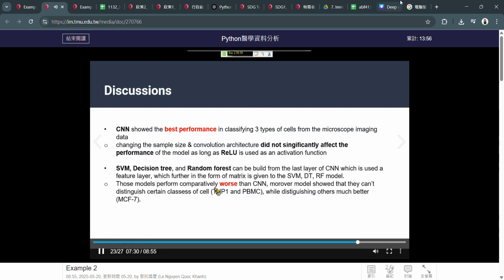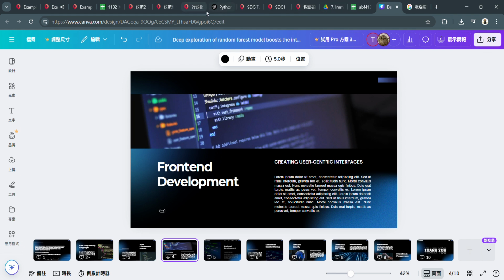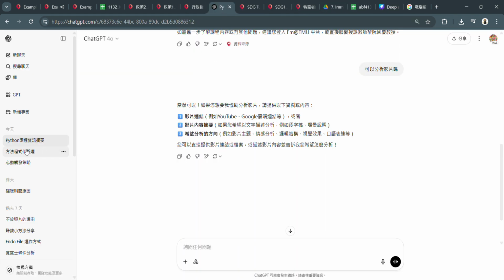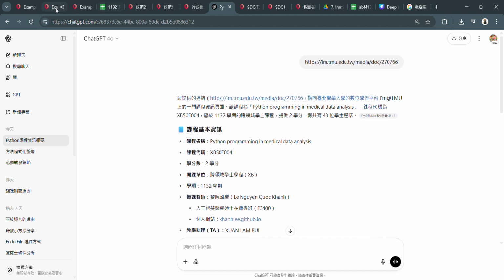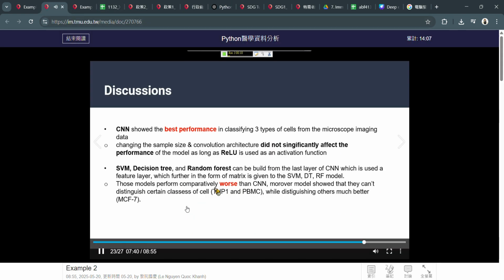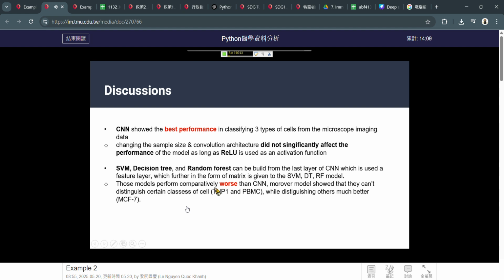So overall, CNN showed the best performance, classifying all 3 types of cells. A change in the sample size and convolution architecture did not significantly affect performance. SVM, decision tree and random forest we were able to build from the last layer, and these models perform worse than CNN.